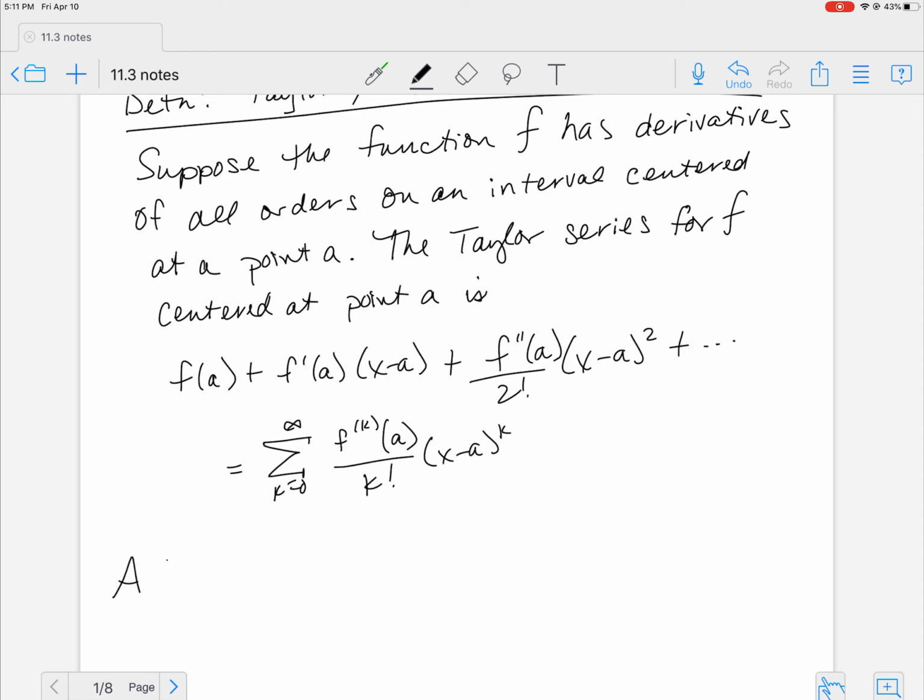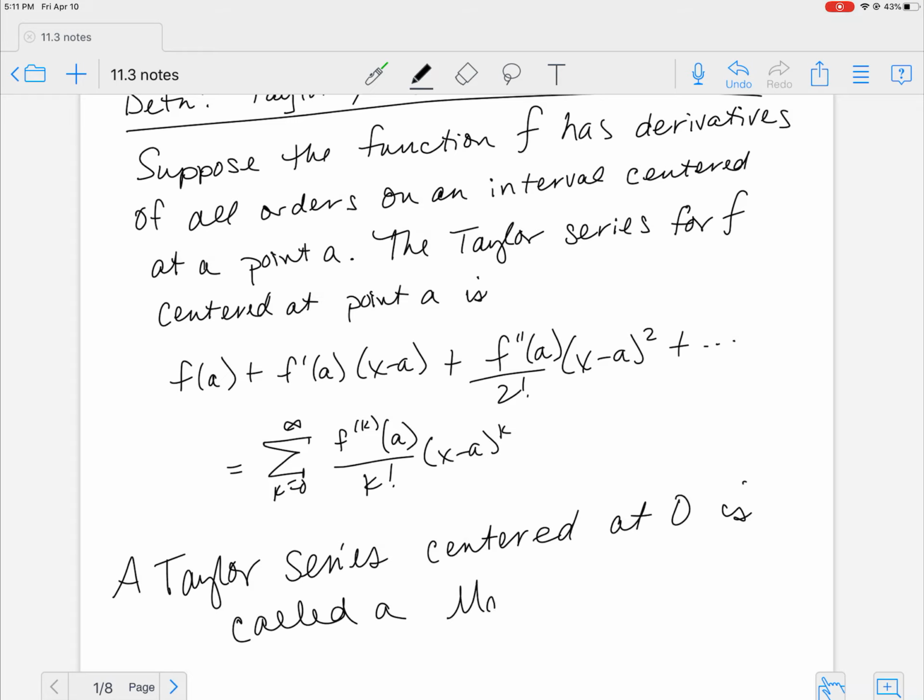Now we said Taylor and Maclaurin series. Here's what's special. A Taylor series centered at 0 is called a Maclaurin series. So notice this is the power series where this is that C sub k, where we had that coefficient.